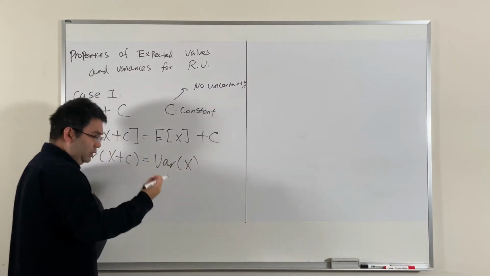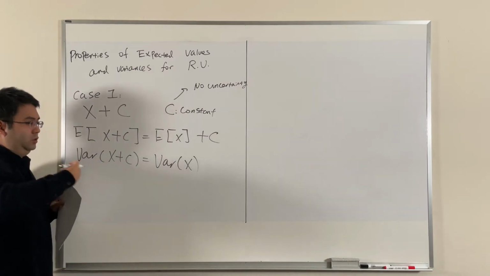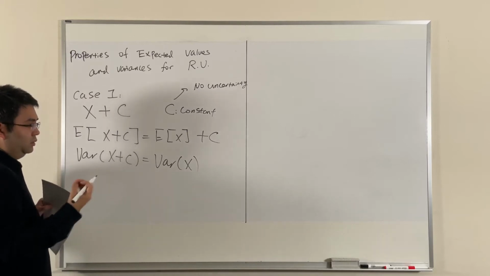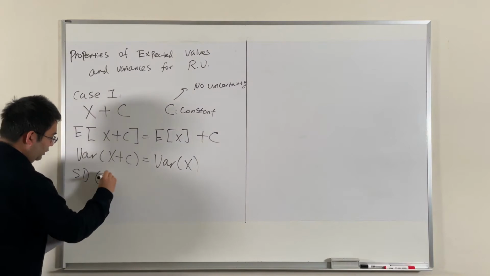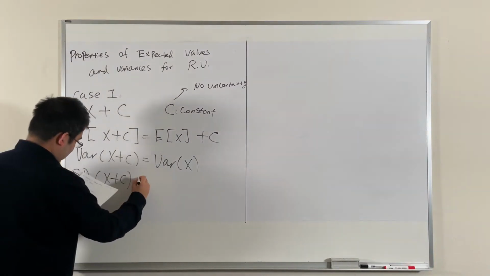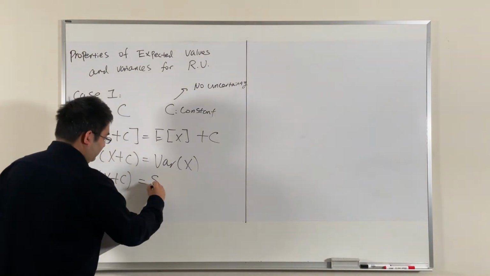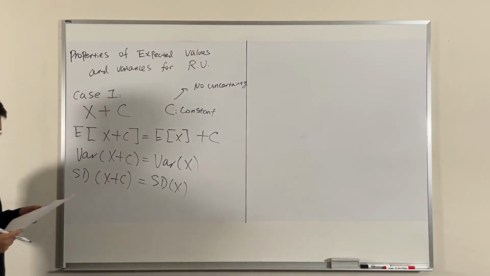Only the random variable x has uncertainty in it, so there are distances between the possible outcomes. And the standard deviation of x plus c is just the standard deviation of x, the square root of the variance of x.